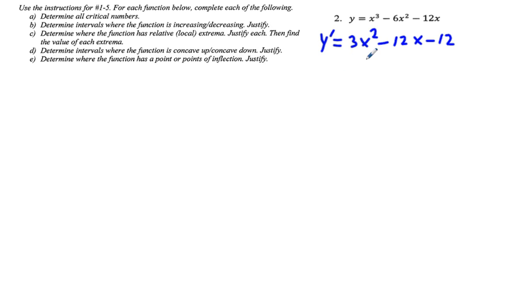And we're going to factor out our greatest common factor, which is 3. So 3 times quantity x squared minus 4x minus 4.